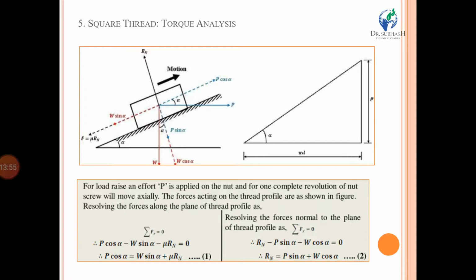One more thing: the right-hand side diagram is a triangle. Actually it is not a true triangle but a scalar diagram. Look, the base of the triangle is identified by pi d, whereas the height of the triangle is represented by P. So actually one single thread is taken for the analysis, and the relation between pi d, that means the peripheral distance of that thread, and the pitch has been drawn as a scalar diagram.